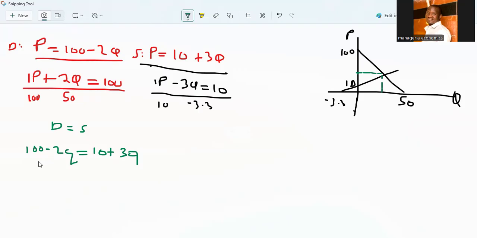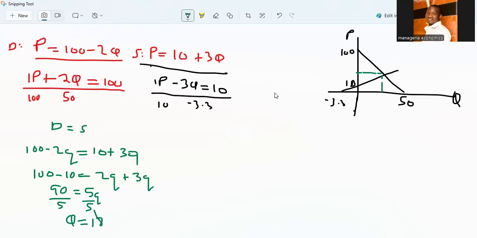Okay, so here we're going to have 100 subtract 10, and here we're going to have 2Q add 3Q. So what are we going to have here? 90 is equal to 5Q. We divide both sides by 5. So meaning our Q therefore will be 18. So meaning Q here is 18.